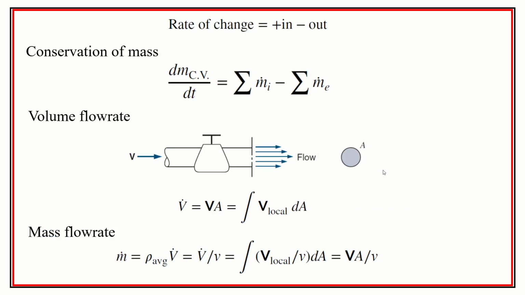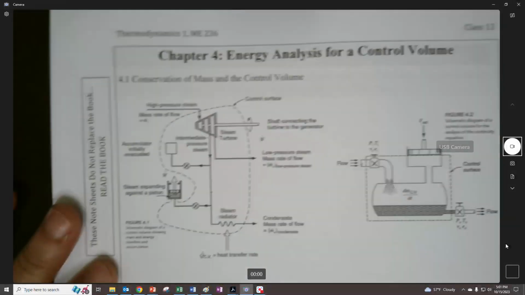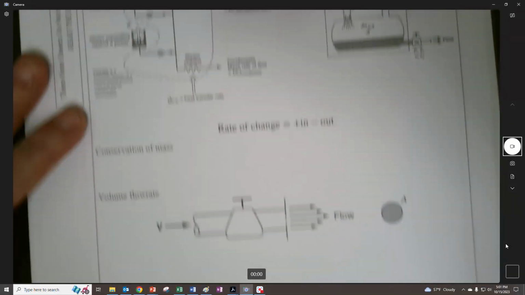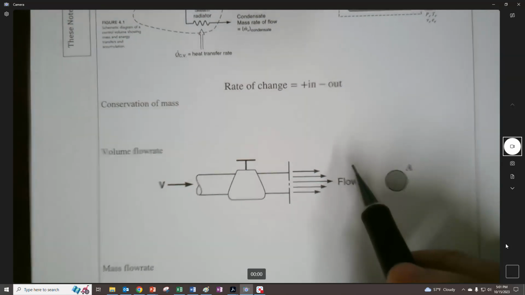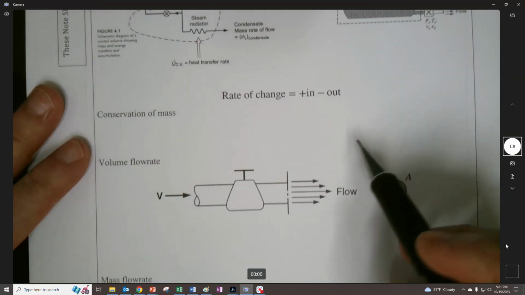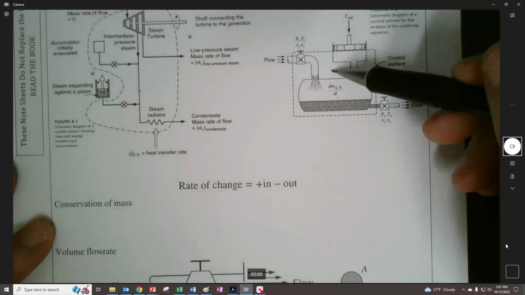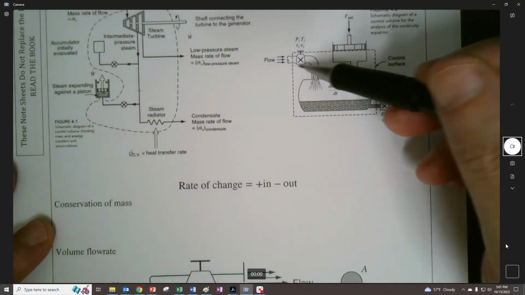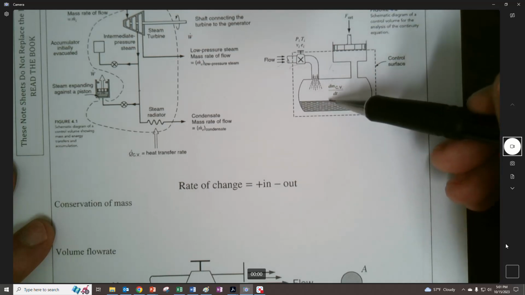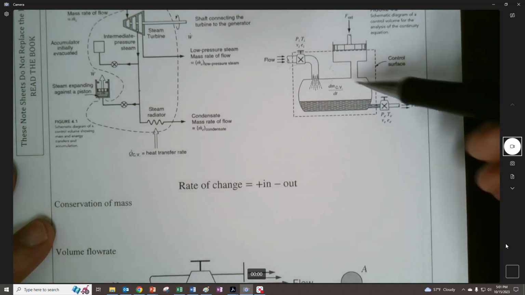So let me think. I want to change over to my document camera here and go with those notes this way right here. Okay. Because I've removed some of the text in here, I wanted to describe it. So this conservation of mass. In the idea up here, where they have a control volume, you could see that this tank will start to fill, and so mass is accumulating in here.